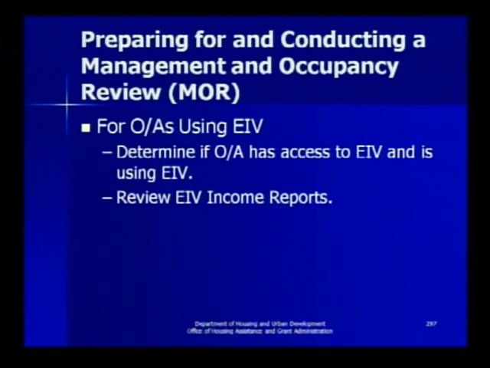Once mandatory, when preparing for and conducting an MOR, determine if the OA has access to EIV and is using EIV. Review EIV income reports. Review the EIV verification reports.